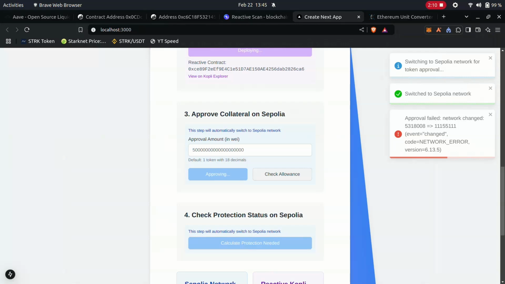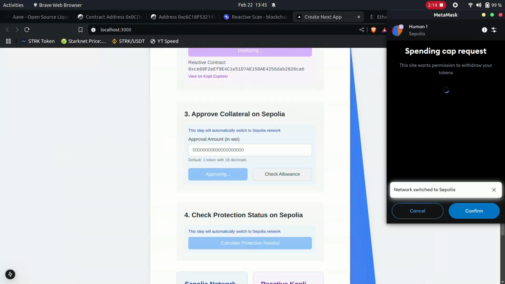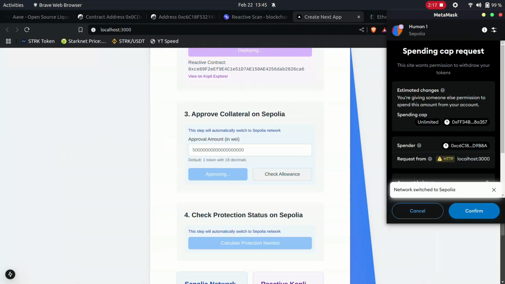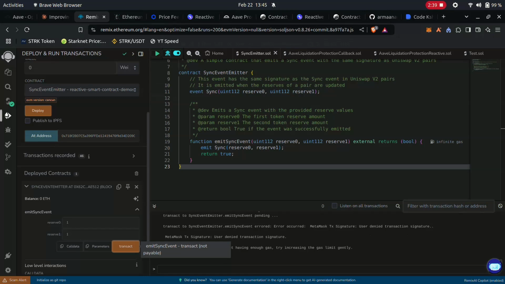We will emit that event, and then Reactive is going to catch that event and perform the necessary actions. As you could have seen in the starting, our health factor was around 4.5 or 4.3. Now we have set the target that we wanted to be around 6. So let's just wait for Reactive to do its magic.